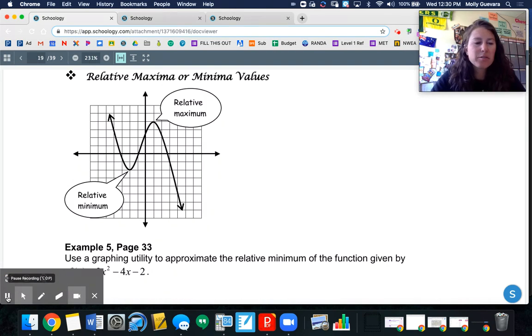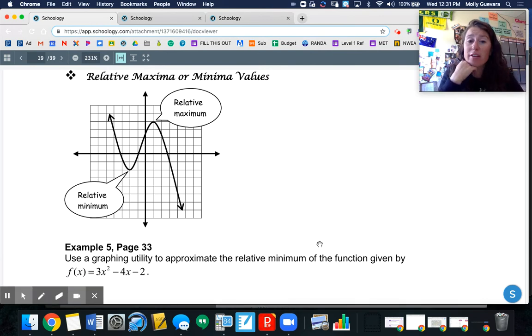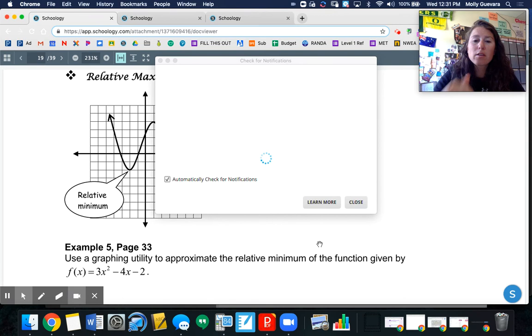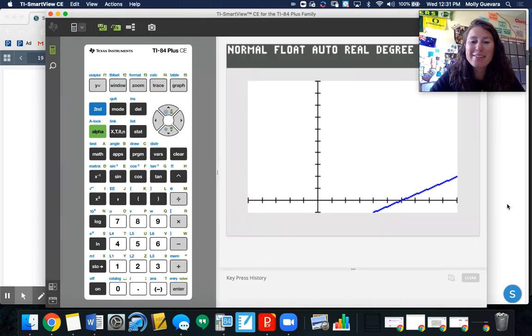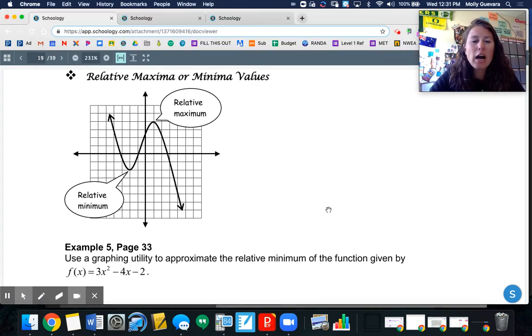Okay, so we're going to talk about the relative maxima or relative minima values. As my calculator loads, there it is. Okay, so the only thing here is like a true maximum or a true minimum would be no points go higher or lower, right? But when we're talking about a relative, it just means it's a turning point.